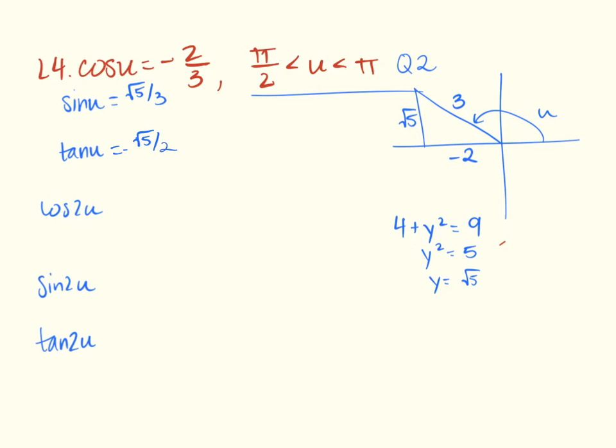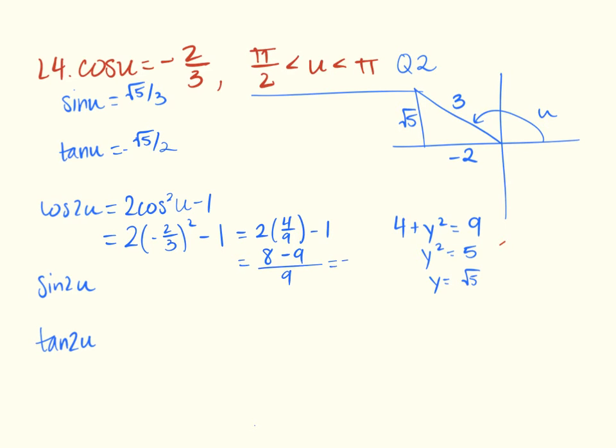So now we can figure out the rest of our values. For cosine 2u, I'm going to use the second formula, which is 2 cosine squared u minus 1, since cosine is the one that doesn't have a radical in it. So this is going to be 2 times negative 2/3 squared minus 1, which is equal to 2 times 4/9 minus 1, which is equal to 8 minus 9 over 9, so this is negative 1/9.